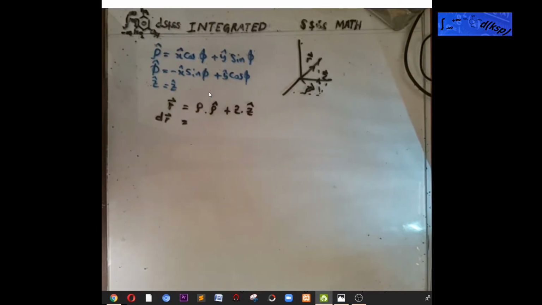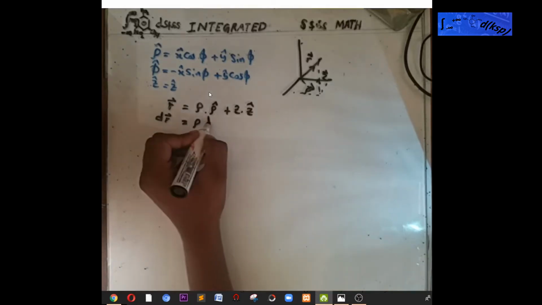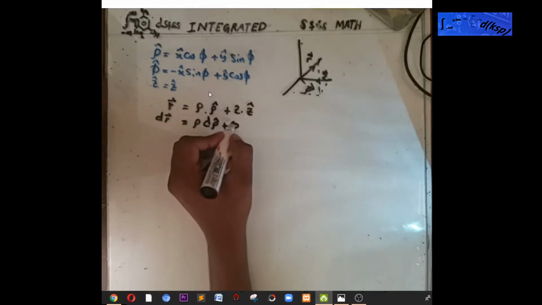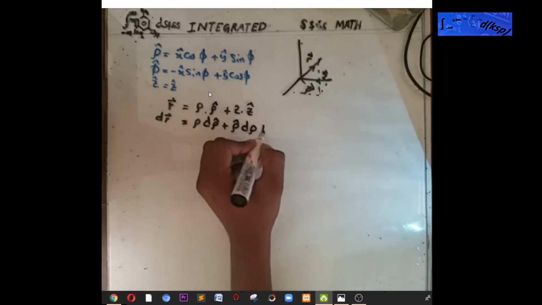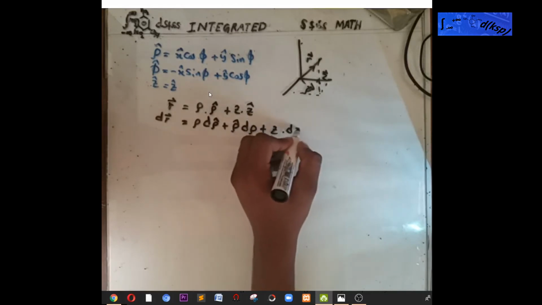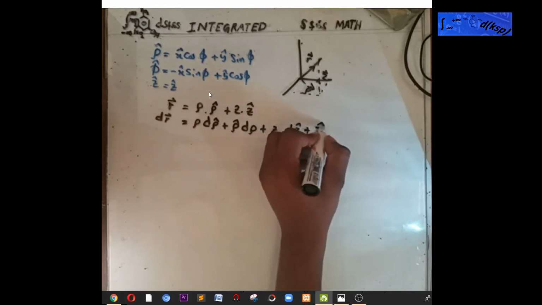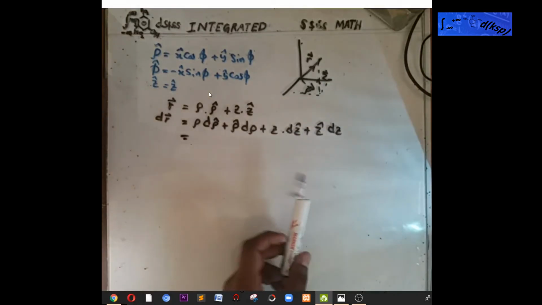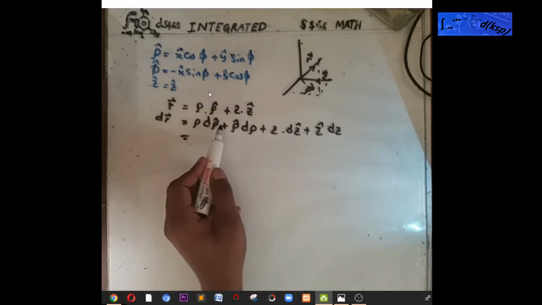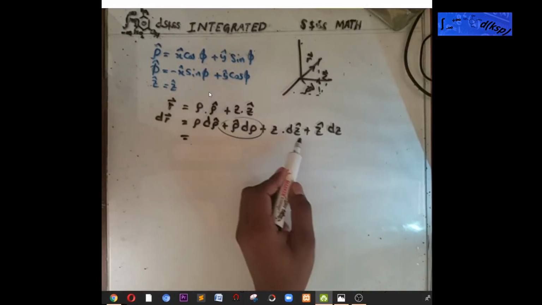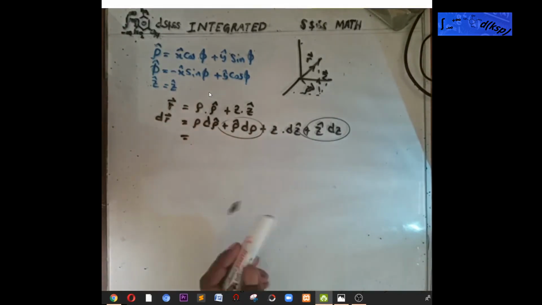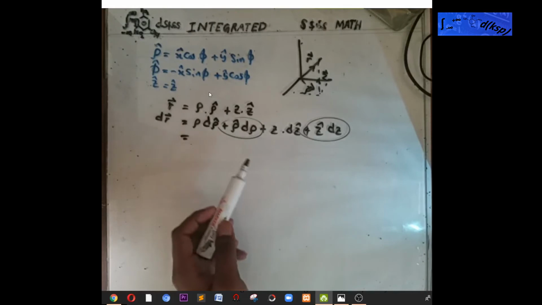So, rho times d rho hat plus rho hat times d rho, plus z times dz hat plus z hat times dz. You can see these two terms have preferred directions: this is along the rho direction and this is along the z direction.